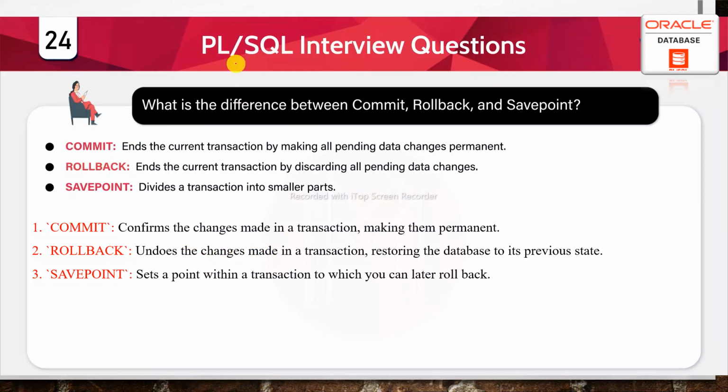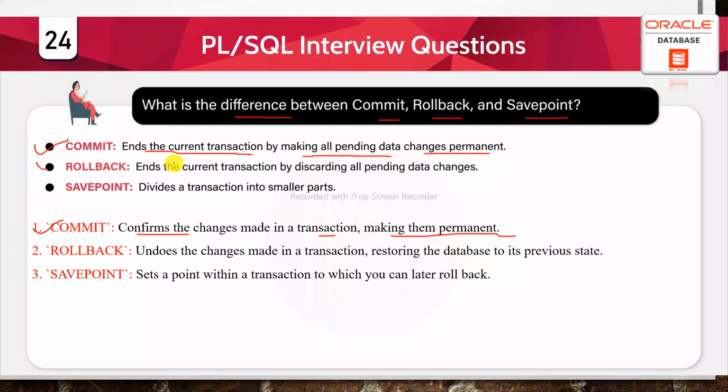Then question number 4, what is the difference between commit, rollback and save point? Commit ends the current transaction by making all pending data changes permanent, or in other words, commit confirms the changes made in the transaction, making them permanent. Then second we have rollback.